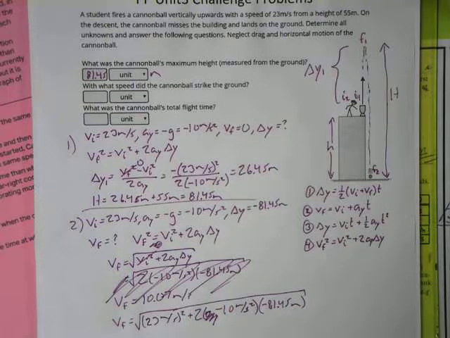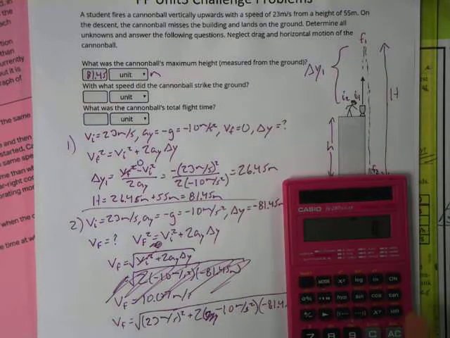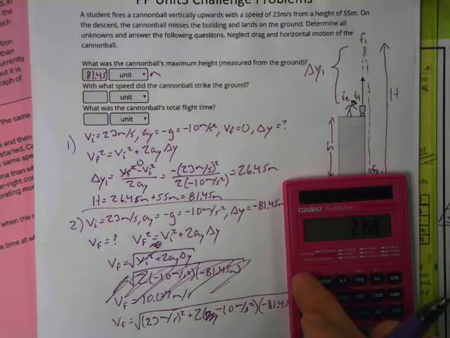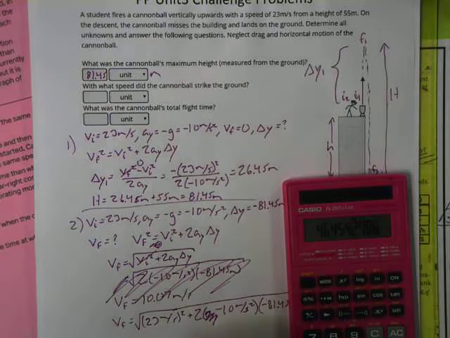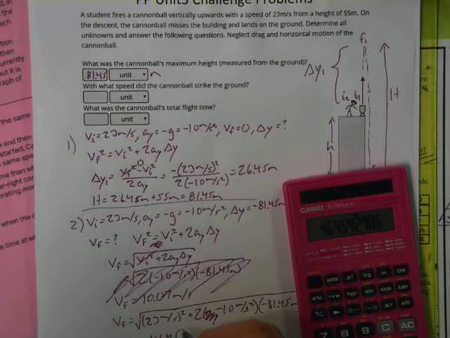All right, so this time around, 2 times 10 times 81.45 equals, that's the second term, plus 23 squared equals, this is what's inside my radical, square root that, 46.45. Okay, now we agree. 46.45.